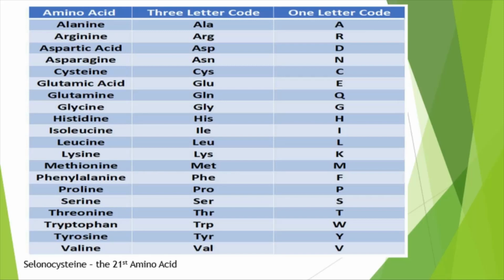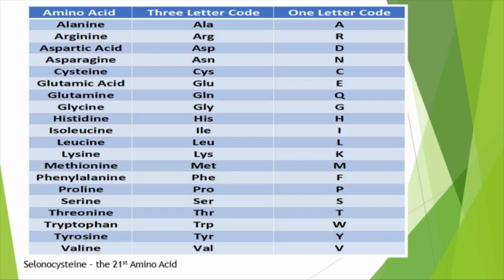Okay, because again, amino acids will be the final product of translation, from DNA to RNA, DNA replication to RNA transcription, then translation. Your RNA becomes amino acid.